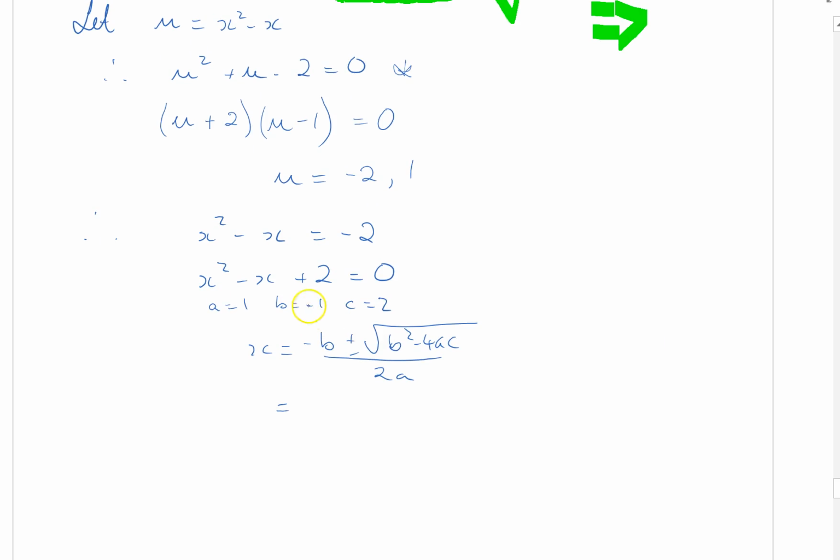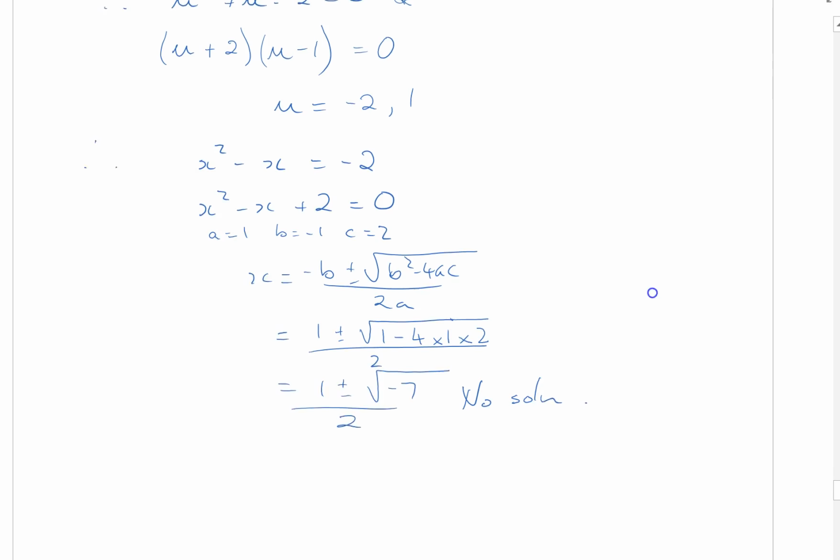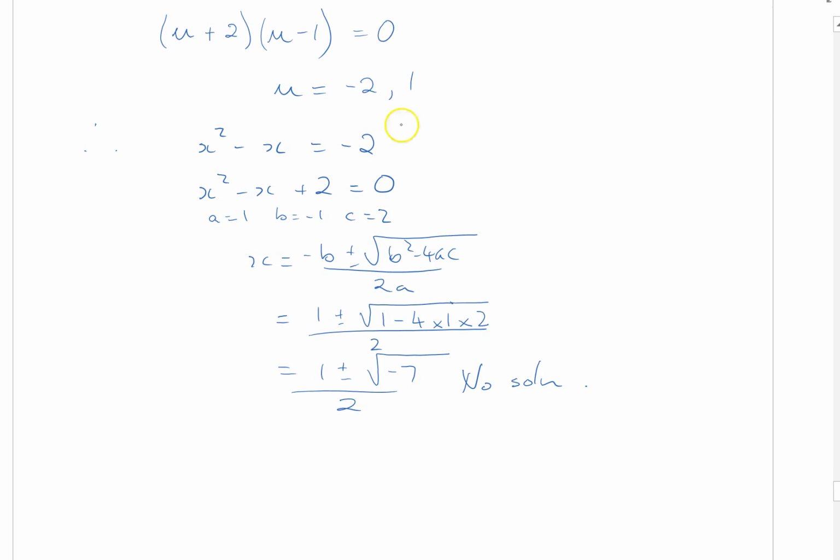So I've got minus b, which is 1, plus or minus the square root of 1 minus 4 times 1 times 2. I think I'm going to have an issue here because I'm trying to take the square root of a negative. 1 subtract 8 is -7 on 2, no solution. Let's see then, so there was no solution when u was -2.